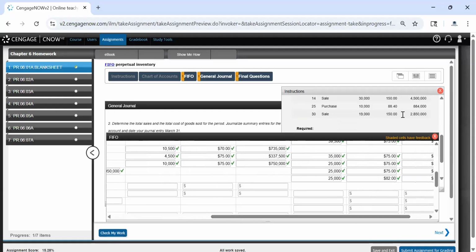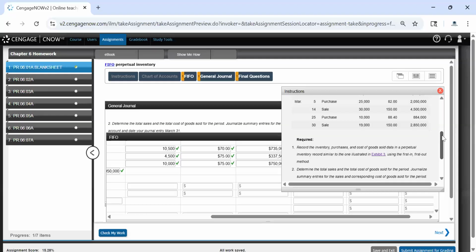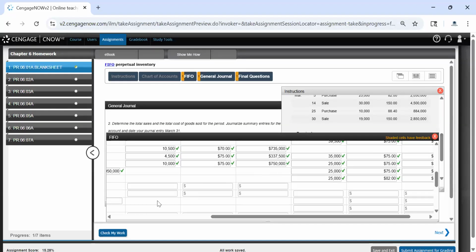And we have some sales transactions to record now. So on the 30th, we sell 30,000 units, and we have only 25,000 of the inventory purchased first. So we're going to record selling all 25,000 of the $75 inventory.